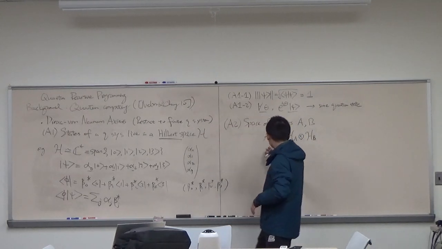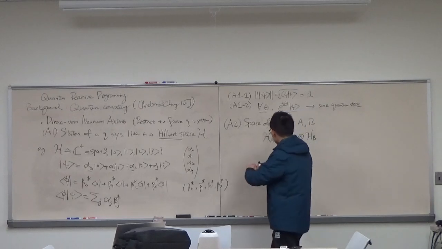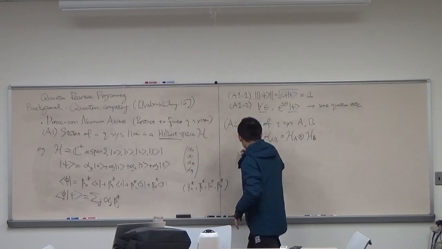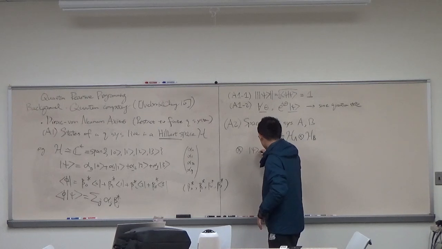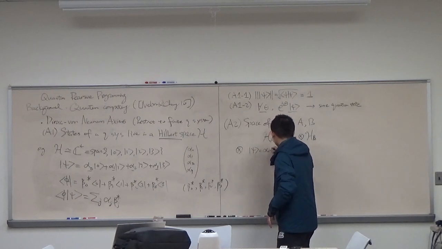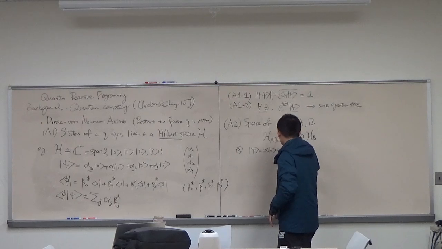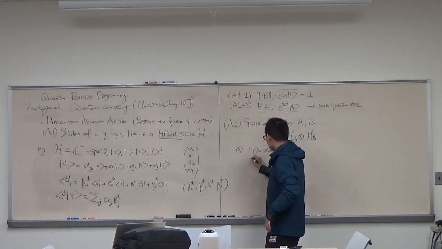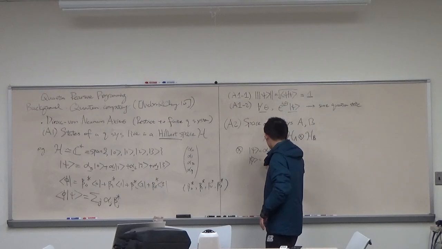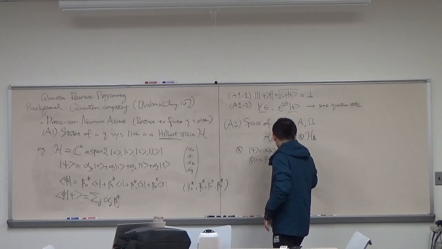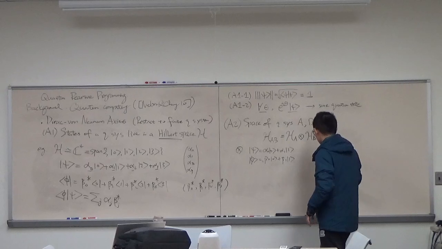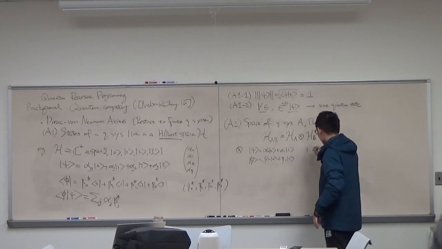So let's try to write this Hilbert space AB. Let's recall what the tensor product is. If you have a vector, say psi, that is alpha 0 ket 0 plus alpha 1 ket 1, and you have another vector, beta 0 ket 0 plus beta 1 ket 1, then for their tensor product, you are just multiplying.